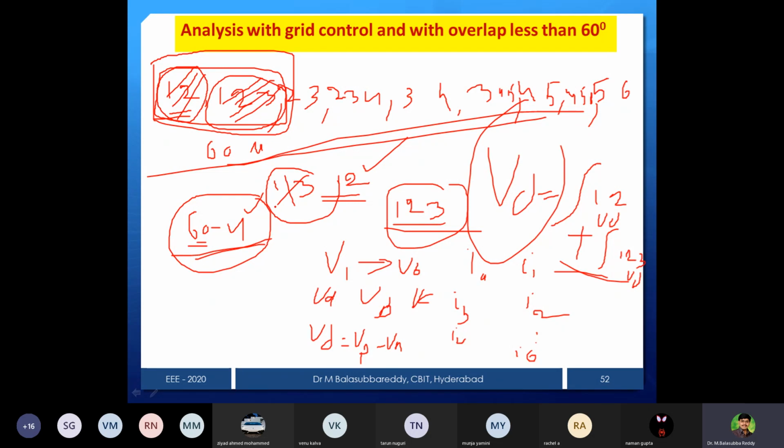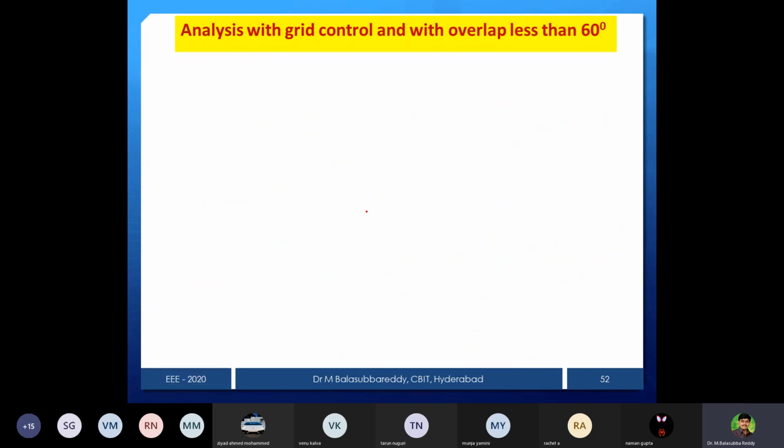So our average output voltage is reduced during the overlap period. Then our VD is just the integration of the voltage when 1 2 is conducting plus the voltage when 1 2 3 is conducting, and you can get it. So that is the logic we need to explain here.